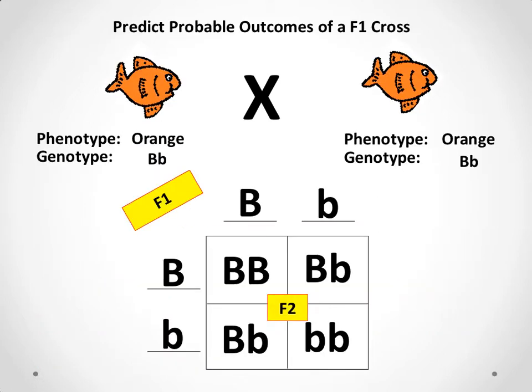Okay, let's produce some F2 outcomes using a Punnett square based on our hypothesis. Now remember, we're assuming that the orange F1 fish are hybrids, and they actually possess a masked recessive blue allele. So let's take the genotypes of our F1 fish and put them on the outside of the Punnett square, segregating their alleles, and looking at all the possible combinations of F2 fish on the inside of the Punnett square.